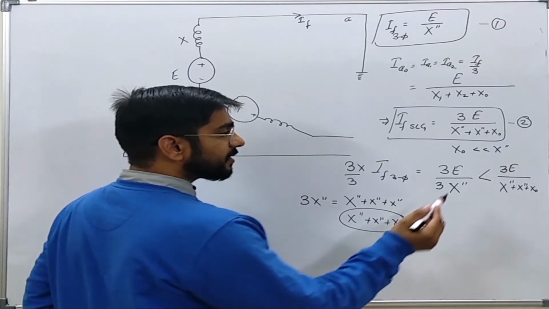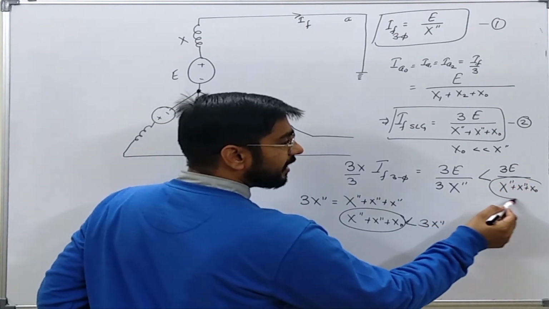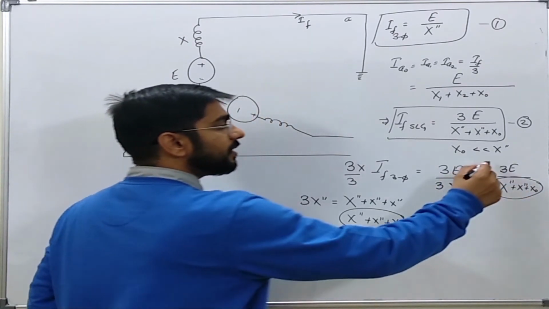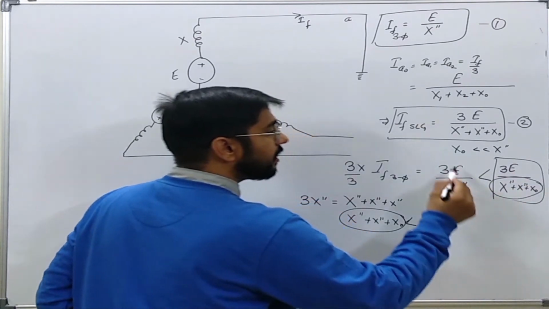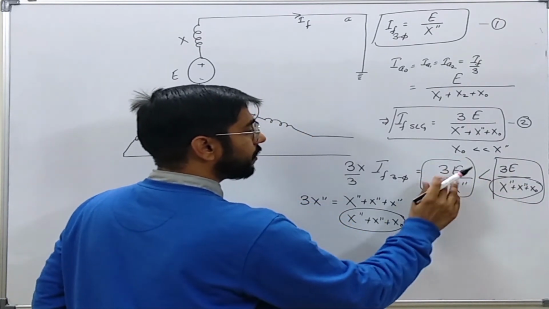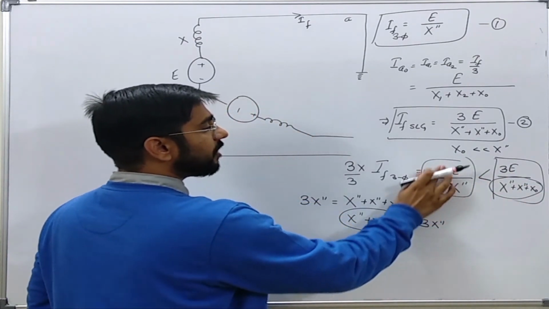So if this quantity is smaller than 3X double dash, then this current will be greater than the current during the three-phase fault.